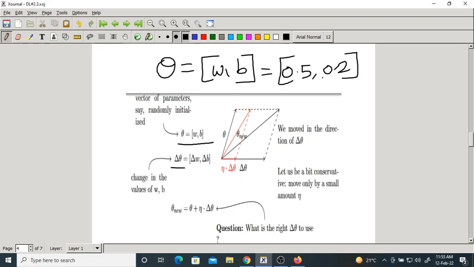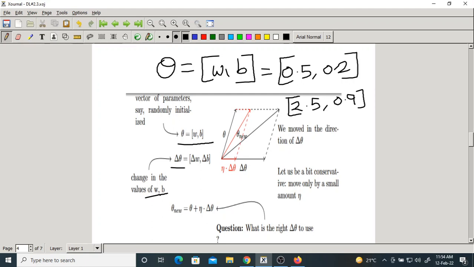So we go with some initial values. Next we change the values. I think we went to 2.5 and 0.9, something like this. So these are the changes in the two parameters, here 2 and 0.7. Now these are the changes that we make in the parameters W comma B.